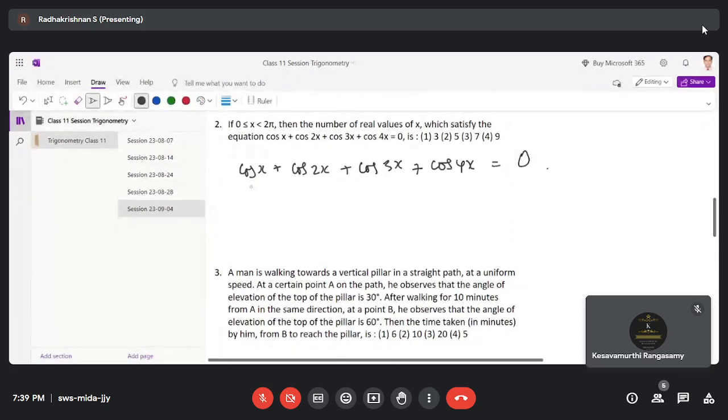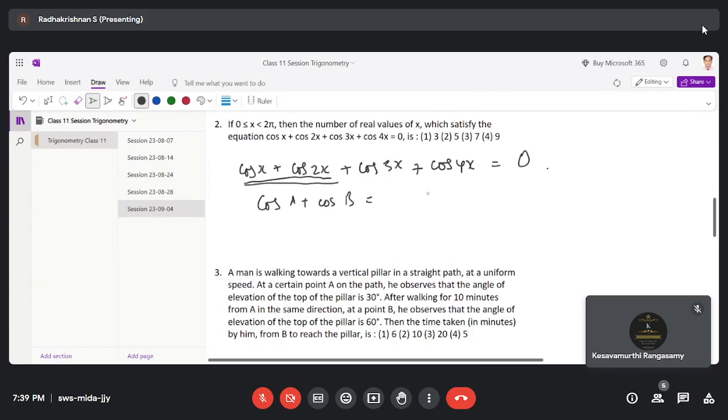So, what is the sum to product transformation for this cos x plus cos 2x? Cos A plus cos B is... can you tell me?